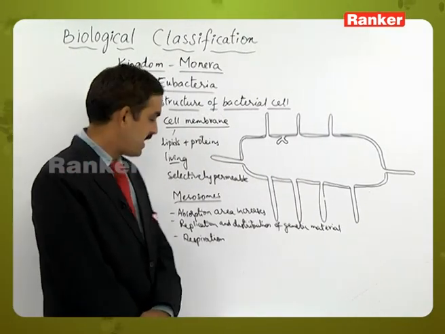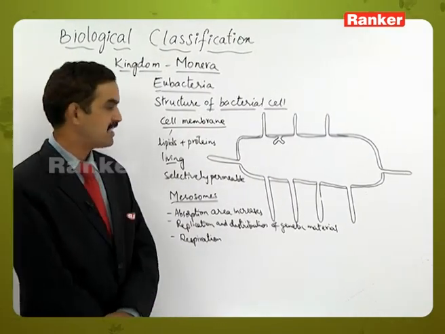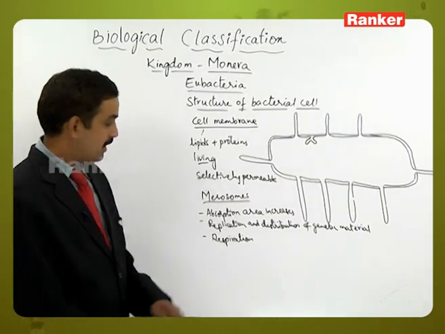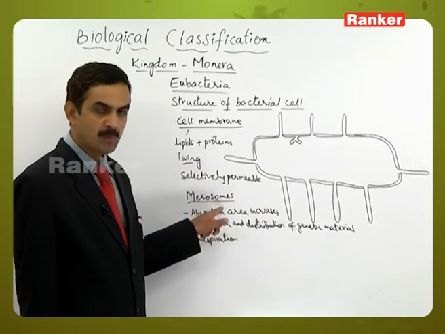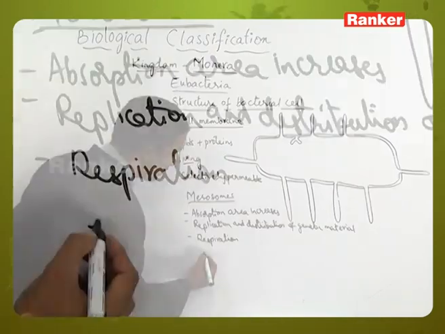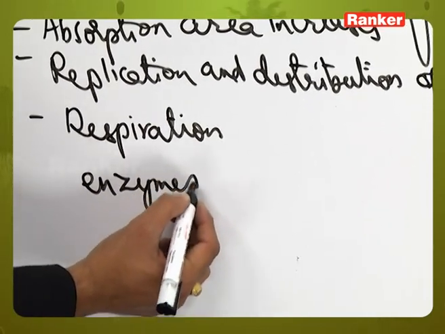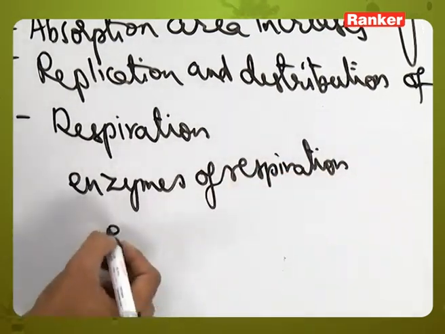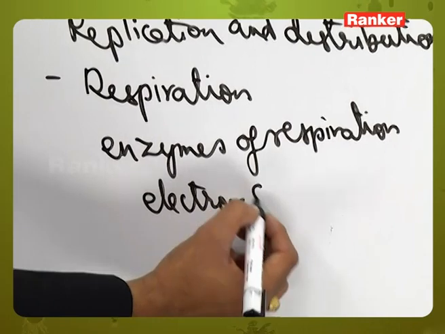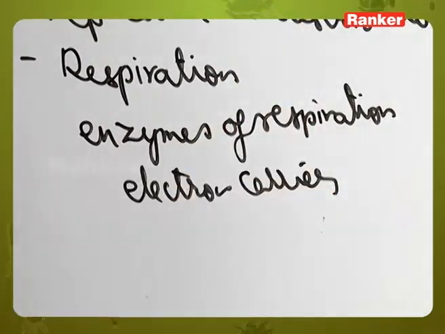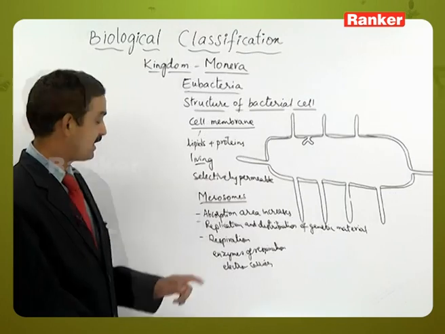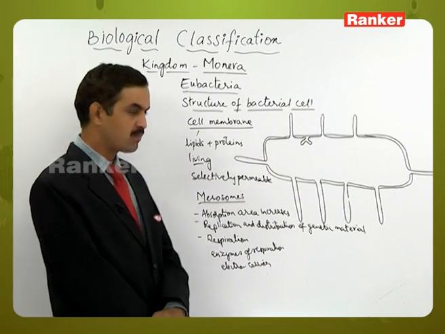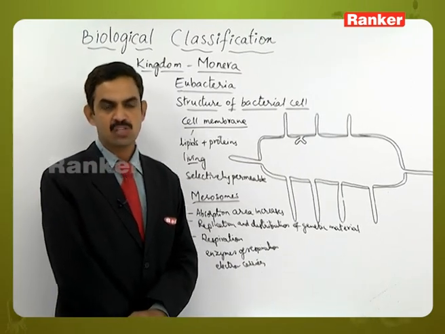Why they consider it a site of respiration is because in the bacterial cell the respiratory organ, that is the mitochondria, is absent, and that function is taken up by the mesosomes, because the mesosomes contain the enzymes of respiration and also the electron carriers which are required for the process of respiration, present in the mesosomes of the plasma membrane.